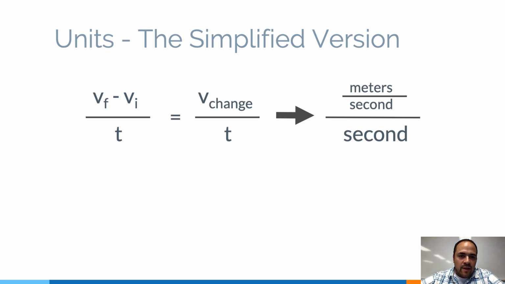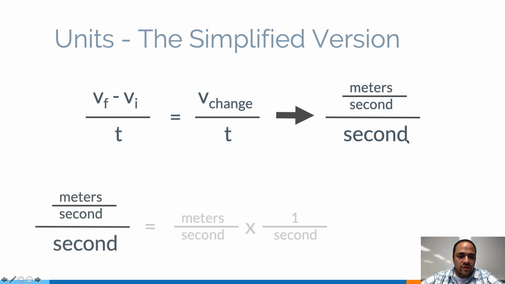So let's simplify the units a little bit. We know that acceleration is the change in velocity over the time interval that change happened. So meters per second per second. If we were to take the reciprocal of our denominator, the reciprocal of second, so we're taking the numerator here and multiplying by the reciprocal of this value, so 1 over seconds.